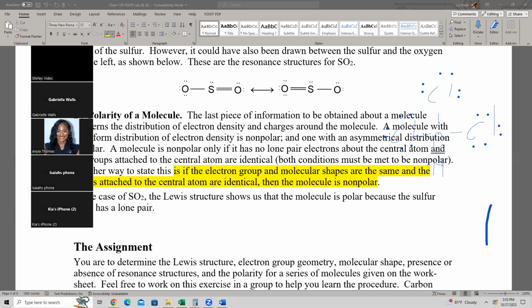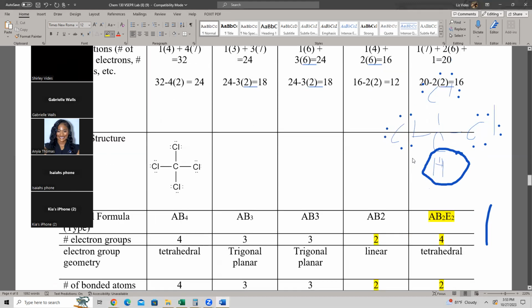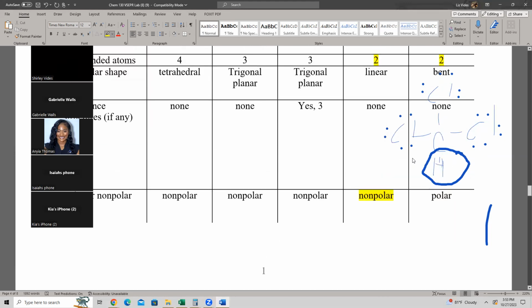This one is different. So therefore, this is a polar molecule. I told you it was going to blow your mind, but that's the last criterion that we hadn't had so far. But in this case, we did have it. And we are now going to go back down here and say polar.